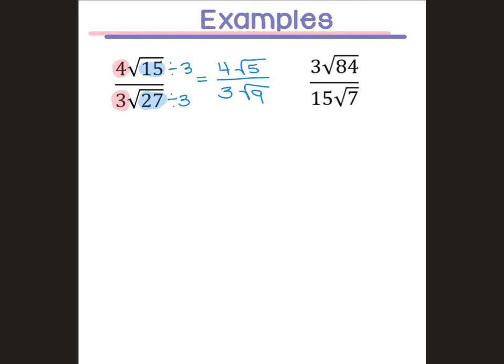Then I'm going to look if my radicals can simplify, and square root of 9 is actually just 3. So now in my denominator, I have 3 times 3. And 3 times 3 is just 9. Last time I would want to check to make sure that my fraction can't simplify now, and it can't, so this is my final answer.